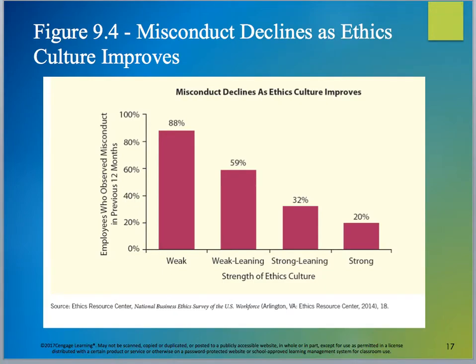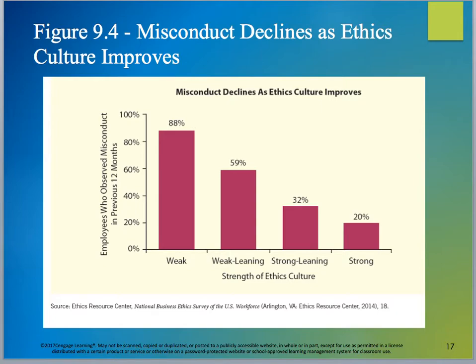Figure 9.4 shows you how misconduct declines as your ethics culture improves. When you have employees who observed misconduct within the past year, you can see at 88% you have a weak ethics culture.